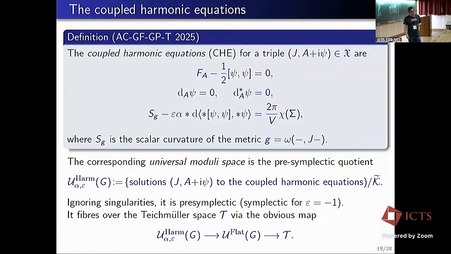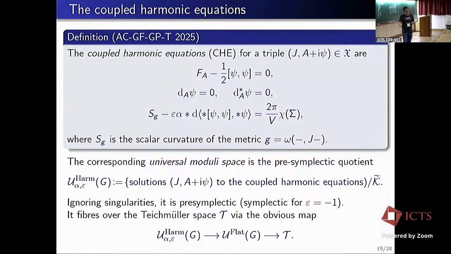Yes. What he gets is what I just said. Yes, but what he gets is this. What I'm saying is that it fibers over the moduli space of constant scalar curvature Kähler metrics. That's fibers of the Teichmüller space.